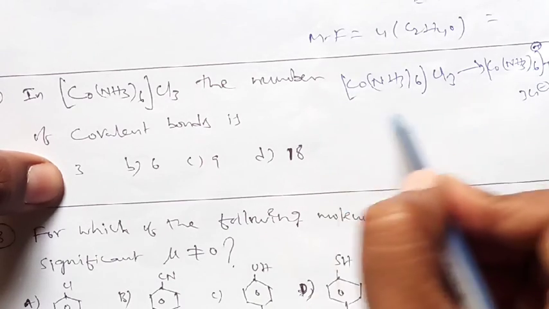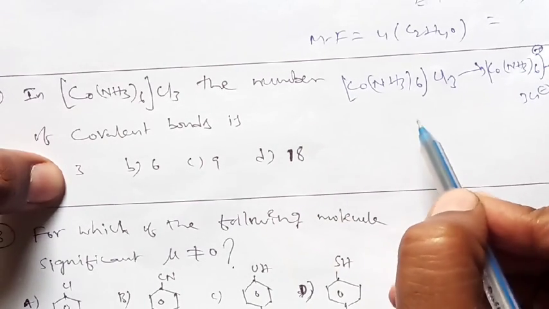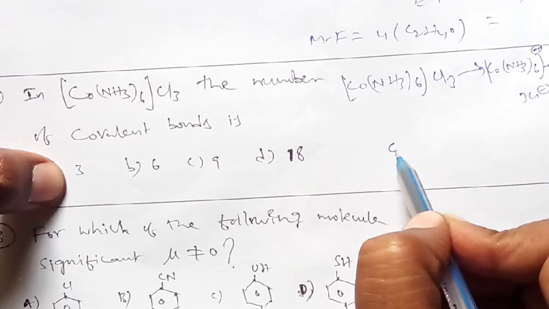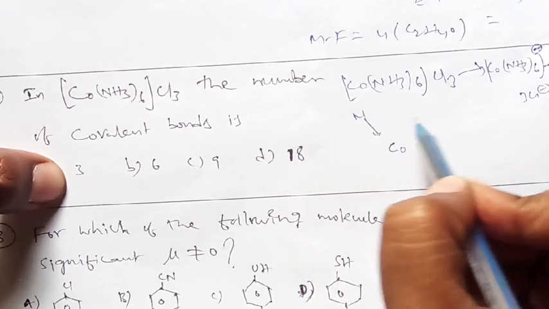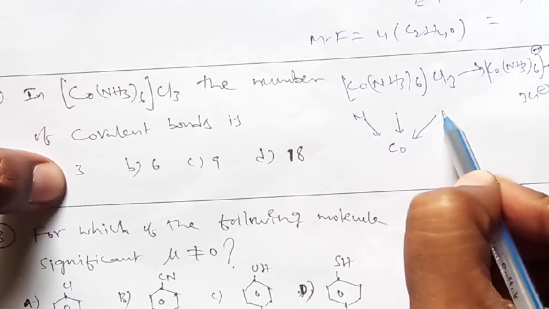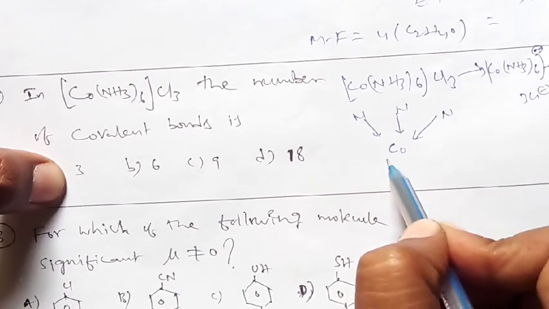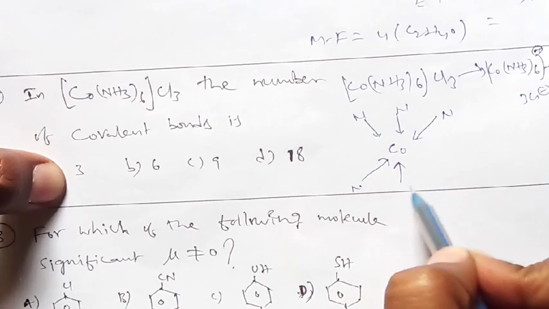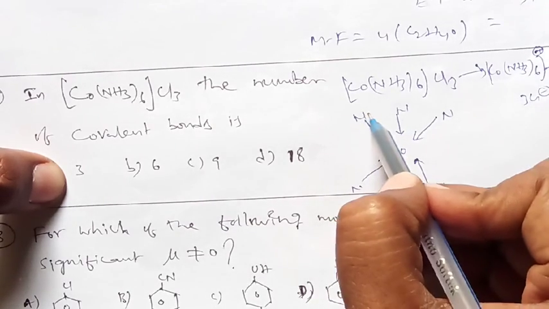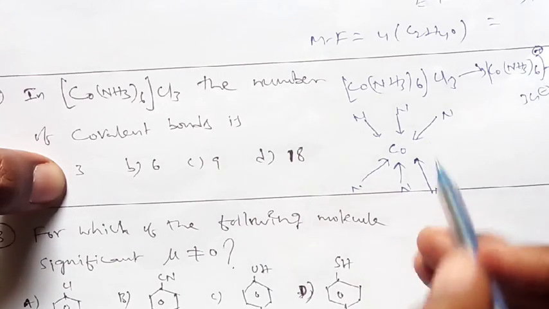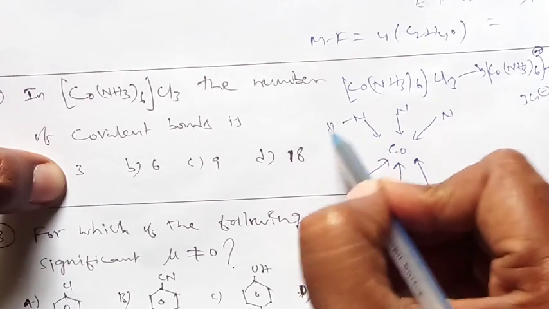Covalent. So what is the structure of this? What are the molecules present inside the coordination sphere? Co is the central metal atom. You know, there are 6 coordinate covalent bonds with respect to ammonia. So this is the structure with nitrogen. Each nitrogen contains one lone pair of electrons, and each nitrogen contains 3 hydrogens.